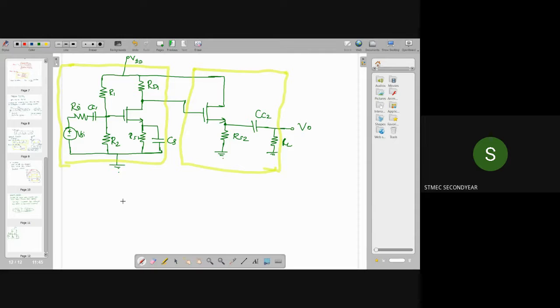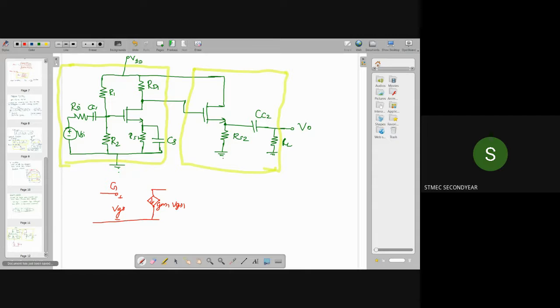For the first stage, this is my gate, here this is VGS, and we can have a current source gm1 into VGS1.